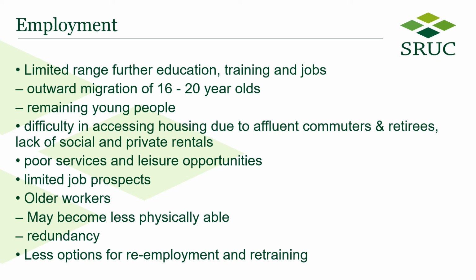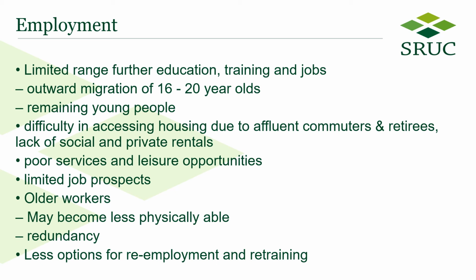Employment is connected to the difficulties in accessing housing due to affluent commuters, who do a lot of their contract work, white collar or blue collar, in big cities or the central belt, and then come back to accessible rural locations.